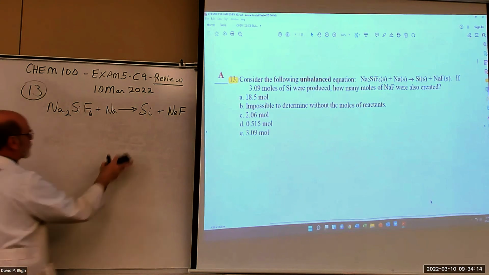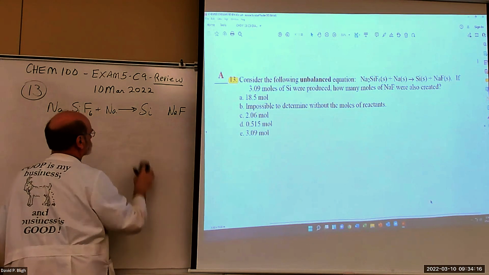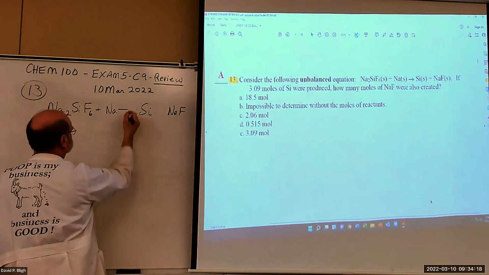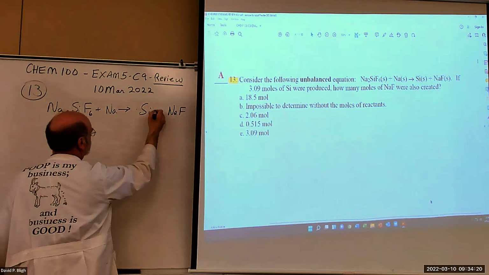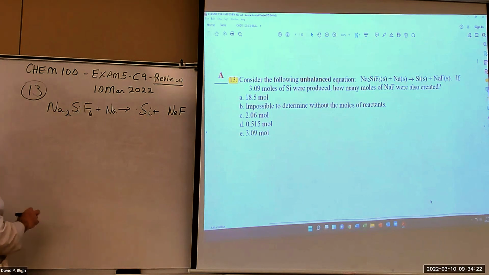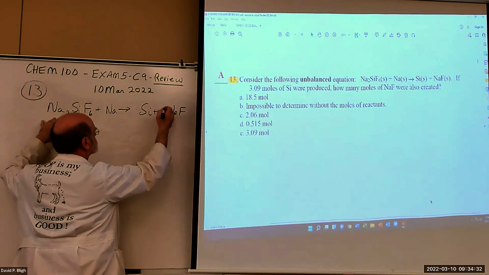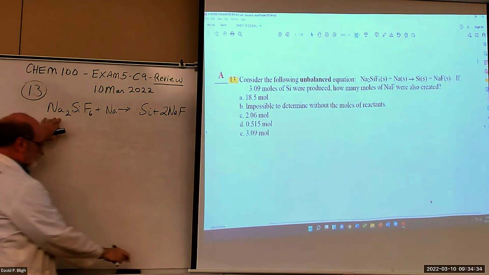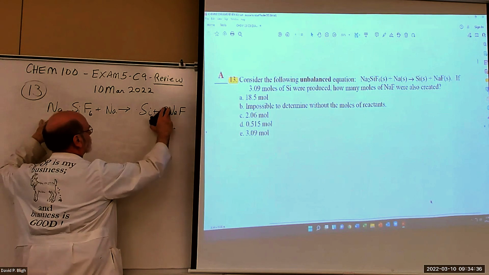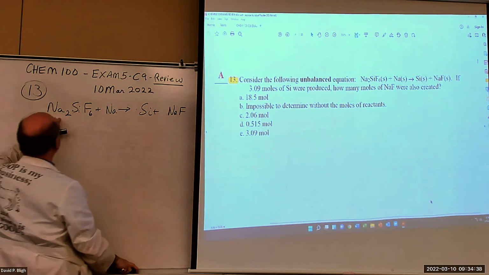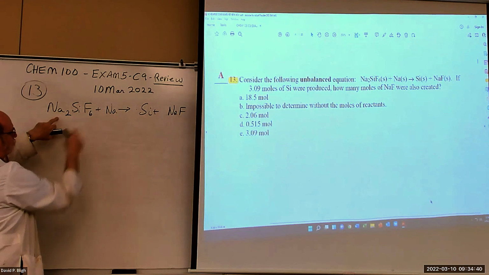I didn't leave myself any room there. There we go. Okay. I wonder if we can do this without using the budget. 2 sodiums. Oops, sorry. 3 sodiums.